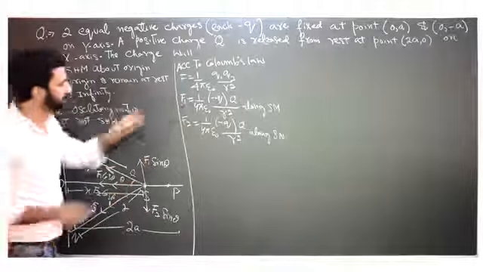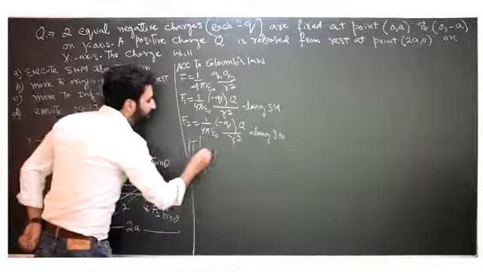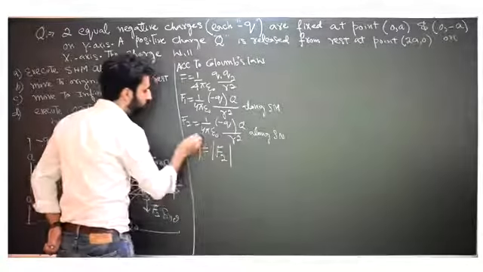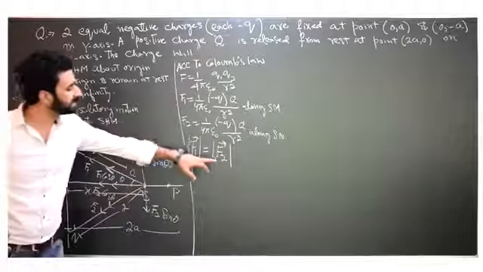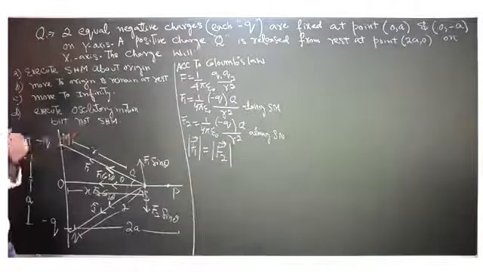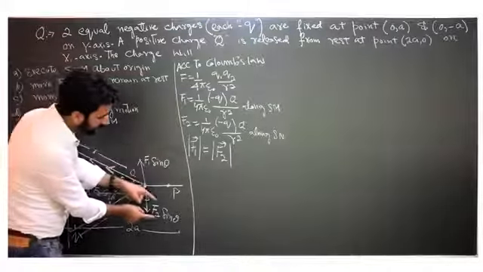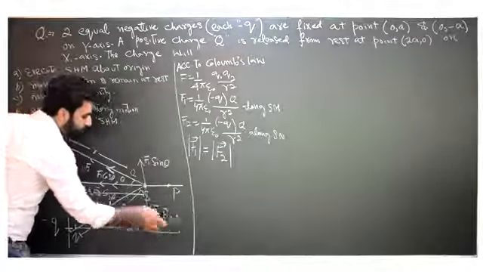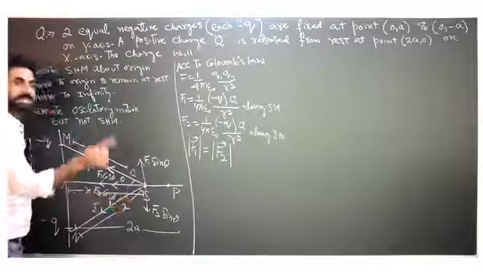Now from here what we can say is F1 is equal in magnitude to F2. Or we can show the vector notation here as well. F1 and F2 both are same in magnitude, but obviously direction is different. But see here, now if F1 and F2 are same in magnitude, F1 sine theta and F2 sine theta, since they are equal in magnitude but opposite in direction, they would cancel.